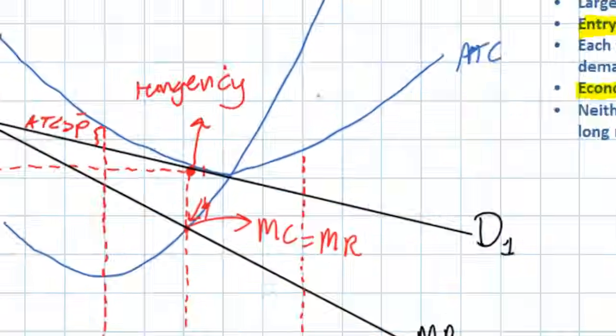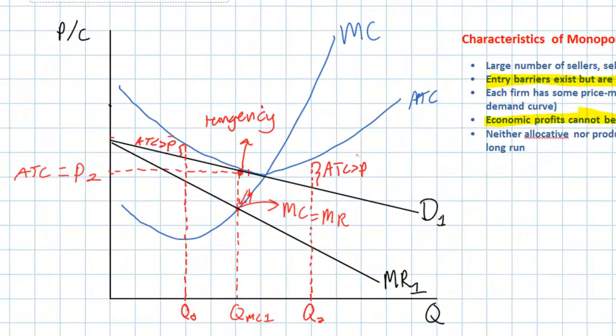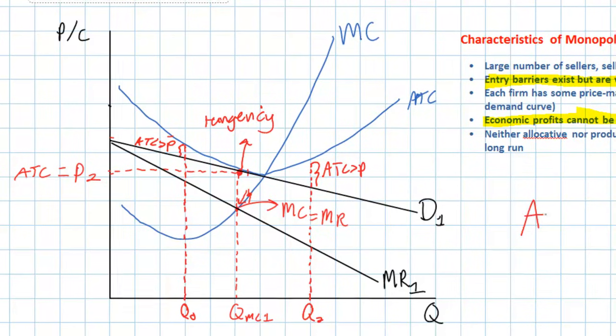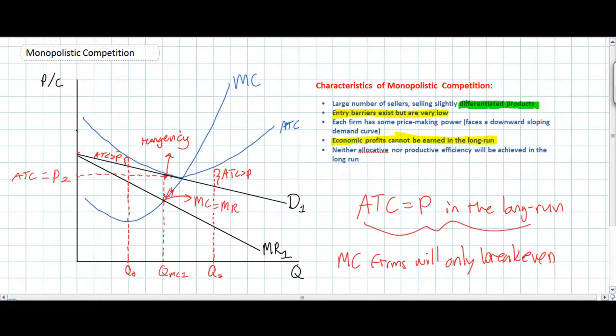The firm would be earning economic losses because the ATC is greater than the price. The best a monopolistic competitor can hope to do in the long run is to produce at a level of output where ATC equals price, meaning monopolistic competitors will only break even in the long run.